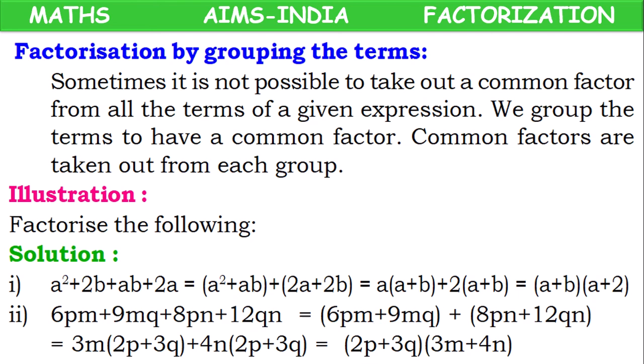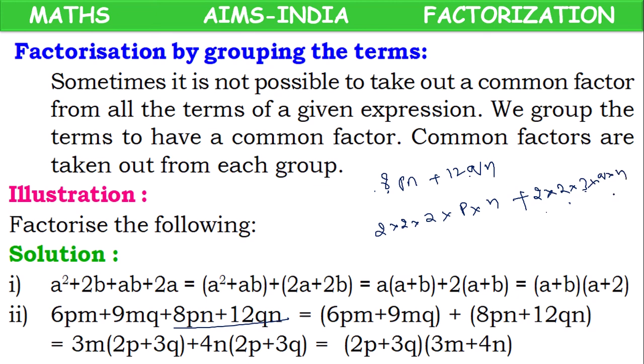Next, in the second one, 8pn plus 12qn. 8 can be written as 2 into 2 into 2, into p into n. 12 can be written as 2 into 6, and again 6 as 2 into 3, so 2 into 2 into 3 into q into n.